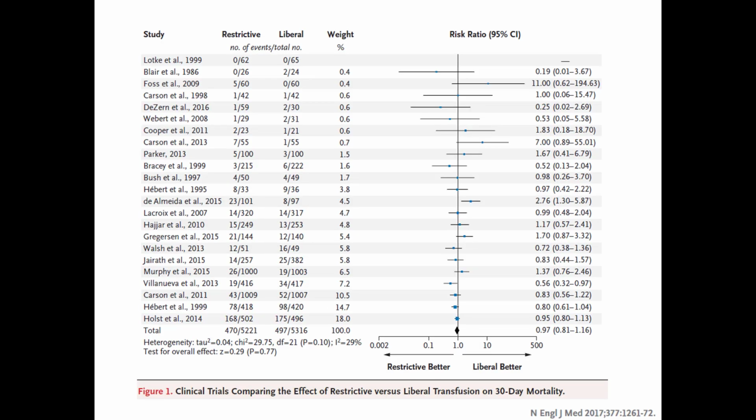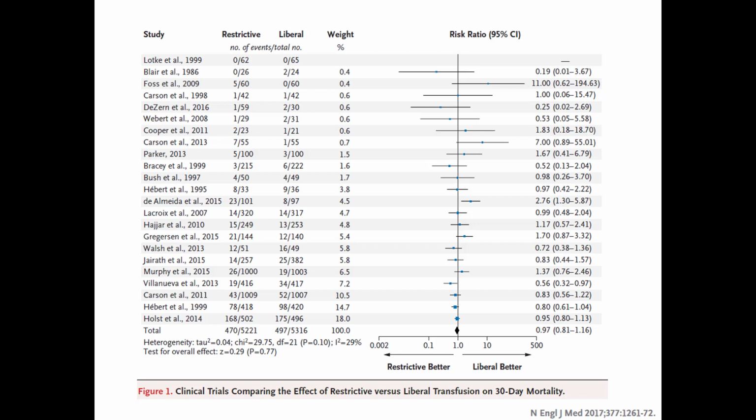Now, this is a summary plot of the clinical evidence in which patients have been randomized either to a restrictive or a liberal strategy over the years. And as you can see, the trials run from the late 90s onwards to as early as 2015. And there have been close to about 5,000 patients randomized to each of the arms.